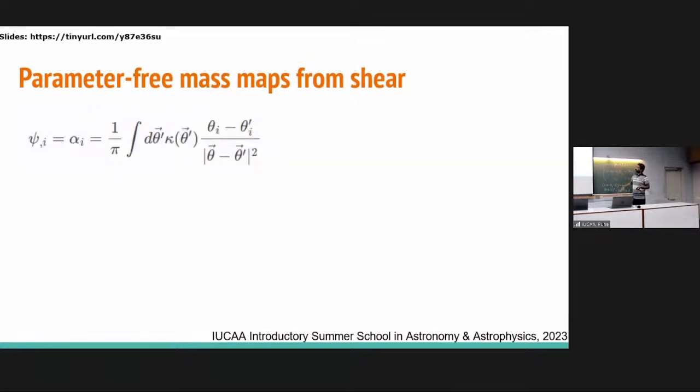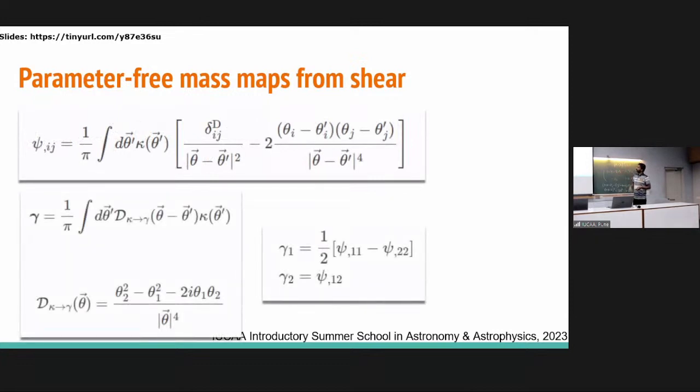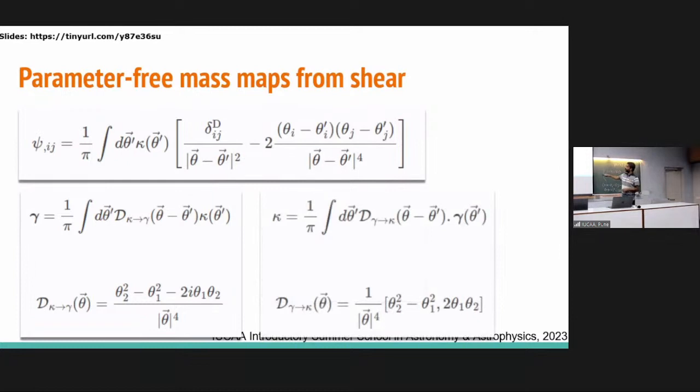So these equations, you can also write down in terms of theta vectors and so on. I won't go into the details of it. You can show that this shear is related to the kappa with this kind of a kernel. The kernel looks like this. And on the other hand, kappa is related to the shear with a similar looking kernel, which goes from kappa to gamma and gamma to kappa.